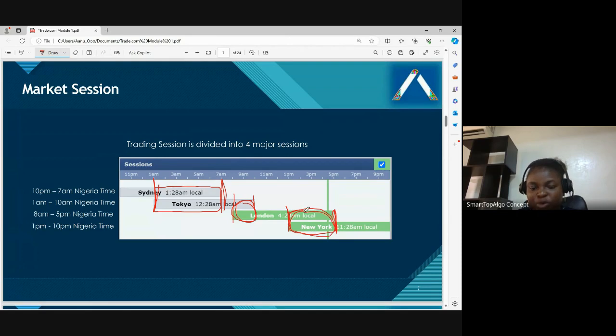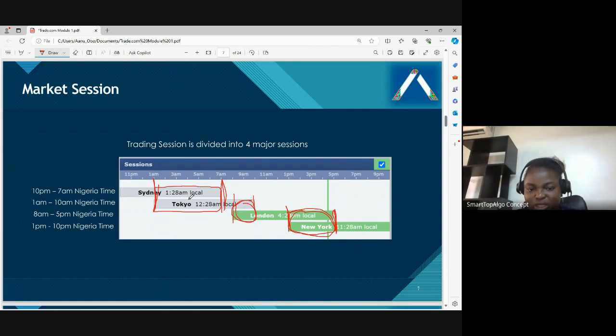At this period of market overlap, there is always volatility, much volatility. So when you are looking at trading, this is a good time to enter. All you need to do is target the currency pairs and the currencies that fall under these sessions.